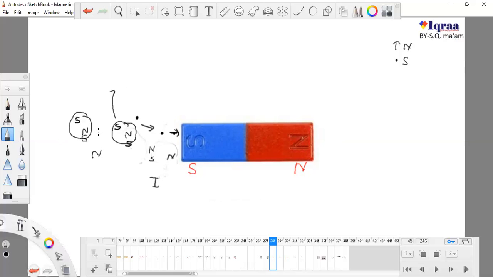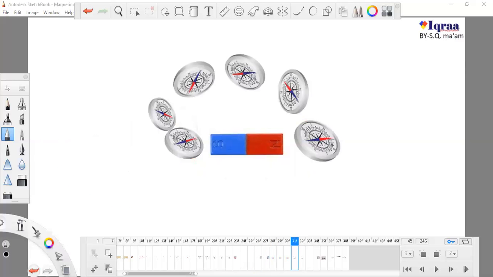I will draw an arrow for north pole and a dot for south pole. Each and every time the needle will change its direction, you can see this. This was my south pole and I put my compass here, so I made two dots, this for my north pole and this for my south pole.